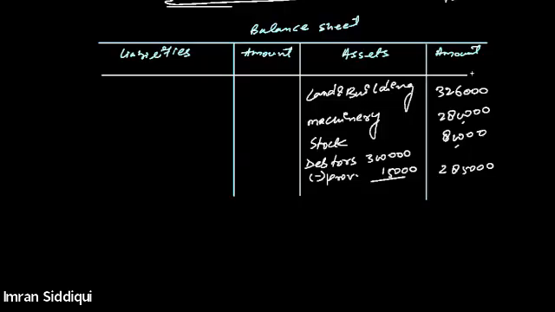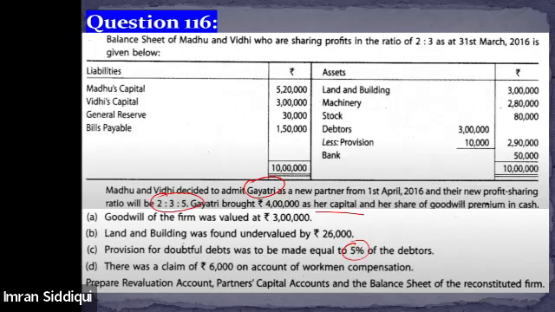Now, is there anything else? Yes, the bank balance is also there. Bank is 50,000, but you remember Gayatri brought 4 lakh of capital by way of cash, so the overall cash balance will increase by 4 lakh. The premium for goodwill brought in by the new partner was 1,50,000.